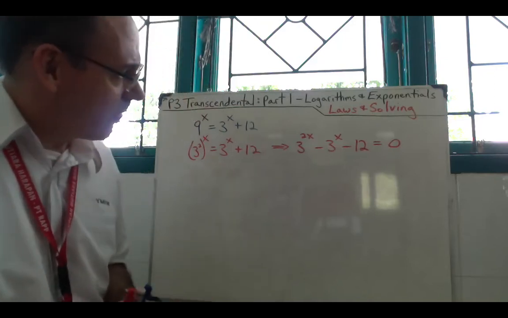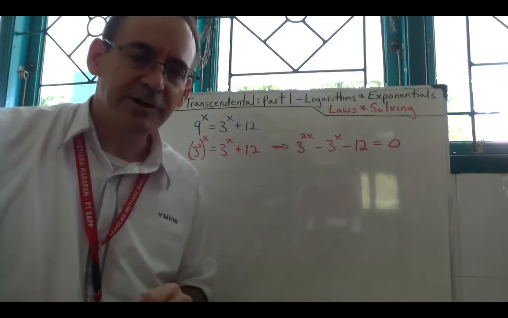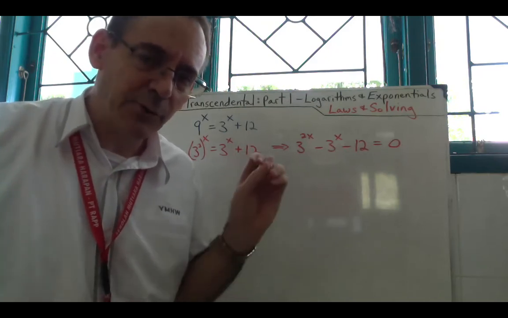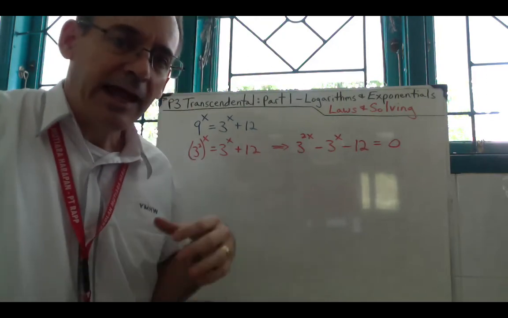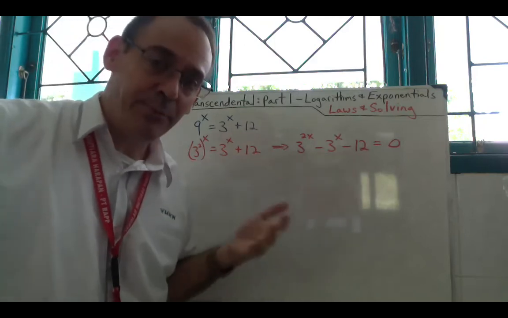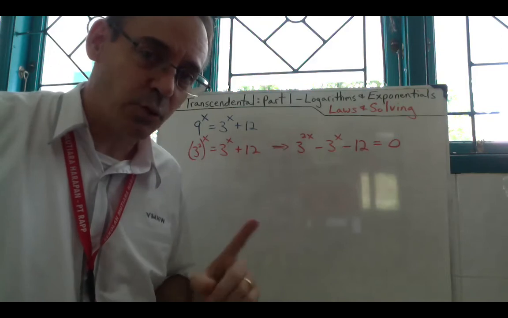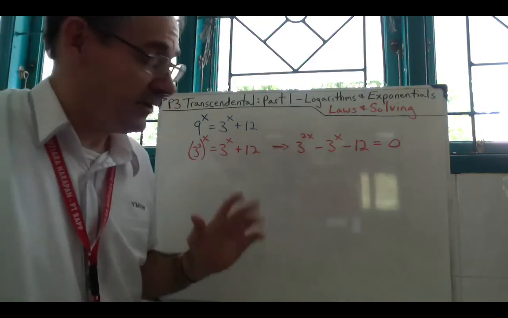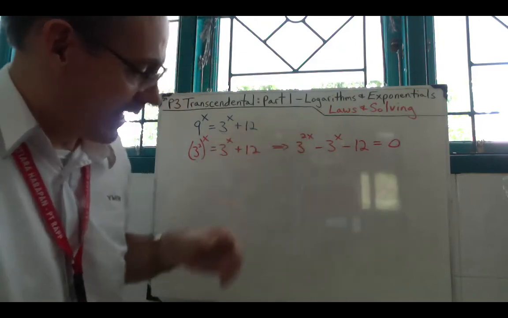Now, if you remember in Pure Maths 1, we covered a video on the topic of reducing to a quadratic, and this is really an example of reducing to a quadratic. So you might want to go back to that Pure Maths 1 video if you need help. But you should recognize this as a quadratic.